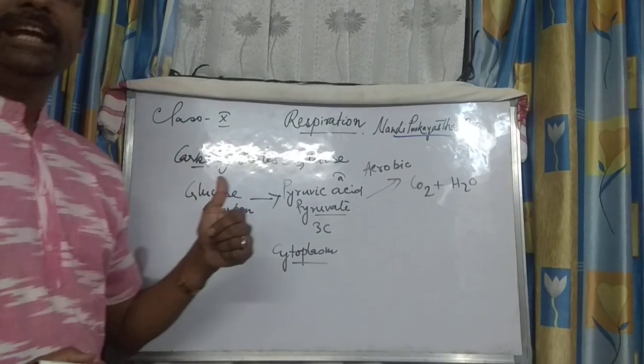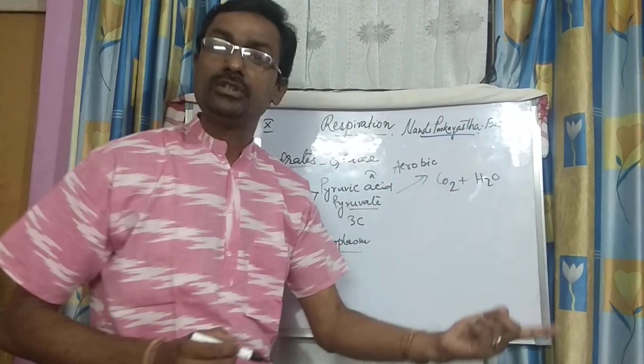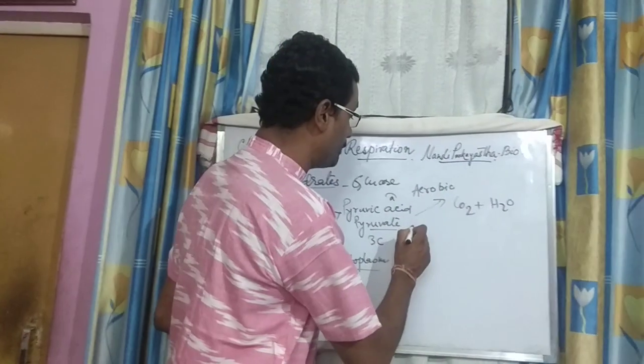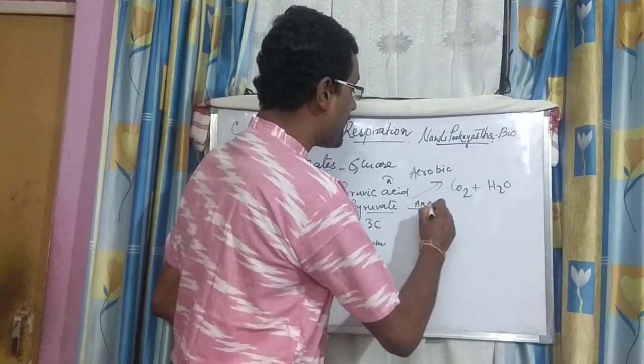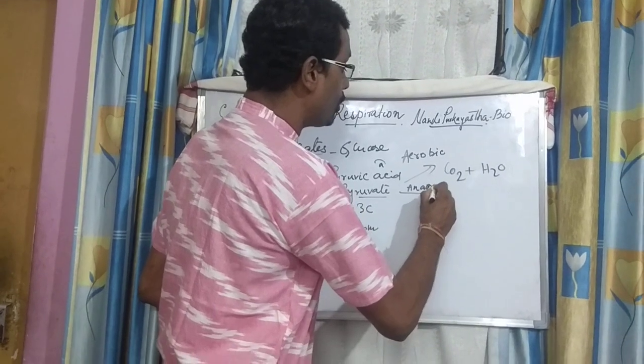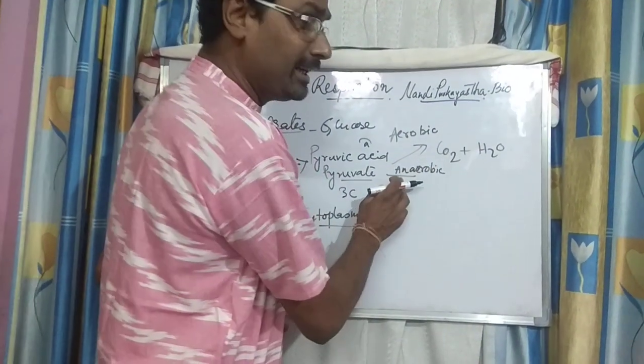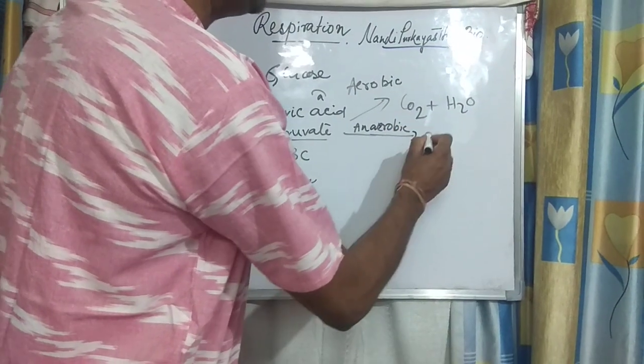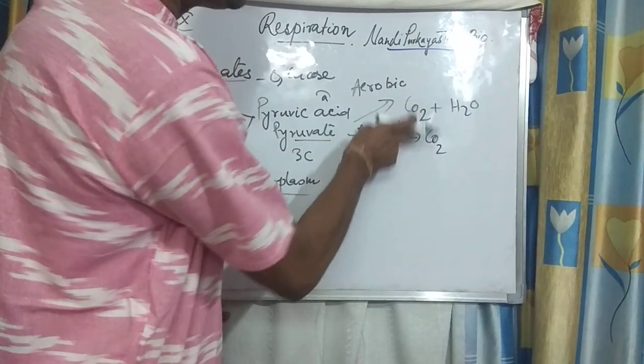Now, if it doesn't take oxygen, then remember, it is called anaerobic. Anaerobic: absence of oxygen. Then what are you getting? You are again getting carbon dioxide. Carbon dioxide is constant.